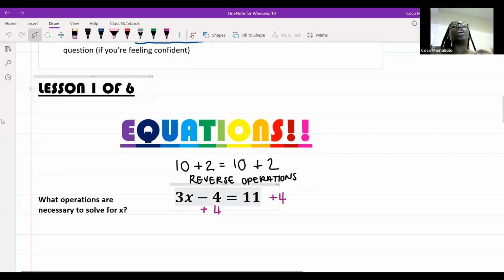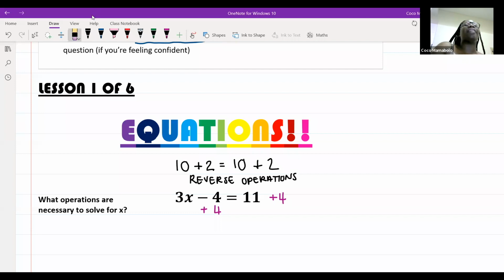It's not exactly substitution. Substitution is when they tell you x is equal to some value, and then you take x and put it into the sum. What we're doing is finding what x is. We are solving for x.